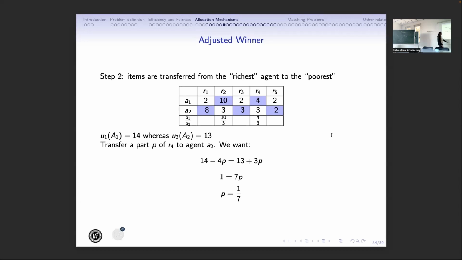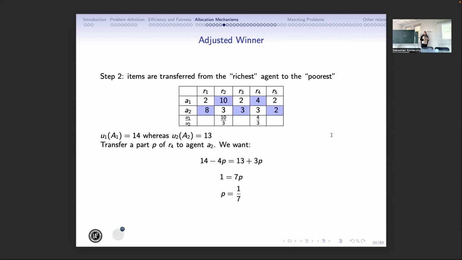The utility of the second agent is 13, and if we give him a part of R4, as the value of R4 for him is 3, the added value will be 3 times P. By solving this equality, we obtain P equal to 1/7.